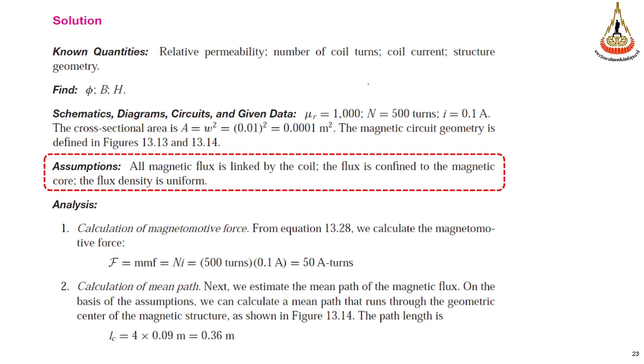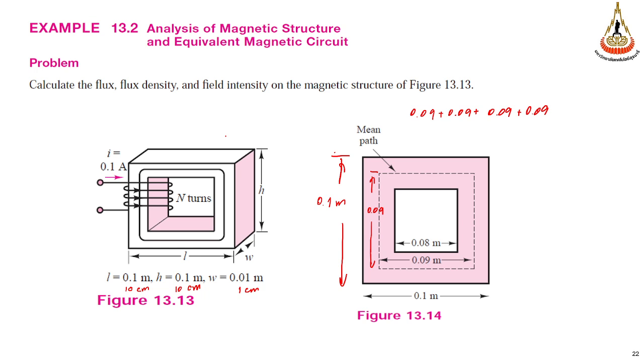So let's see. In this case, the material has a relative permeability of 1000. The number of turns is 500 and the current is 0.1 ampere. The cross-section area would be W squared, right? This is W, the cross-section area here.